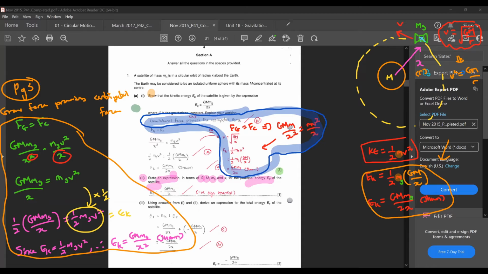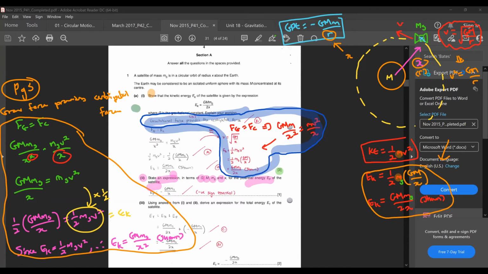So we know that GPE is negative GMm over R. This is the general equation. So applied to this question here, your R would actually be your X, because the question defined your center to center distance between the masses as X rather than R.